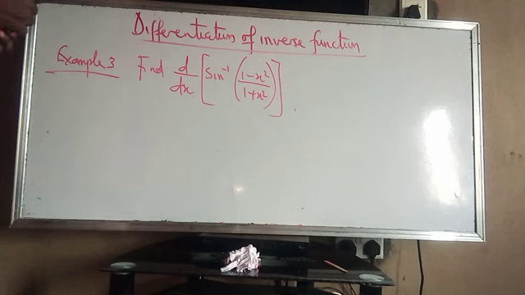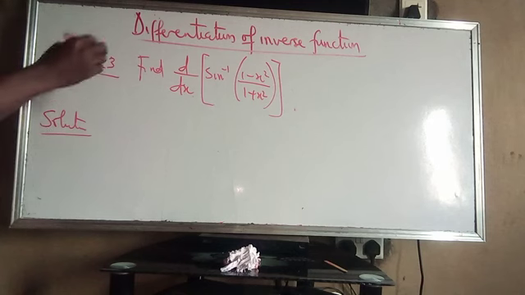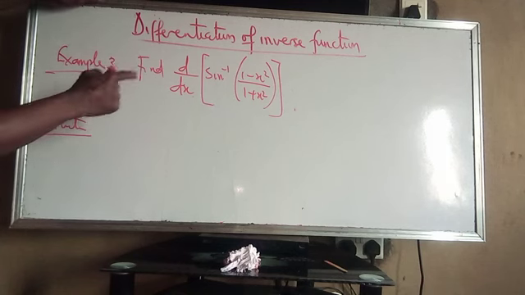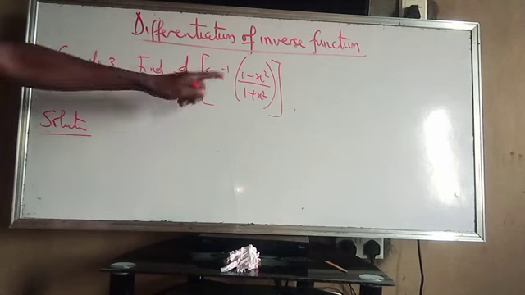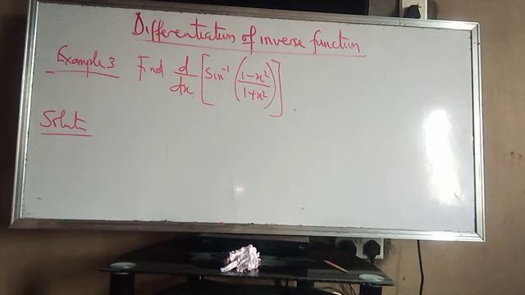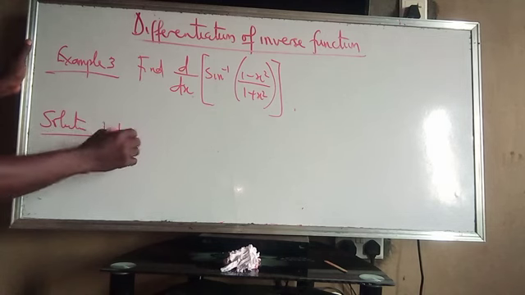Alright. How do we go about this? We are trying to find the derivative of sine inverse of 1 minus x squared over 1 plus x squared. Now, the one that is rational, let's use something to represent it.